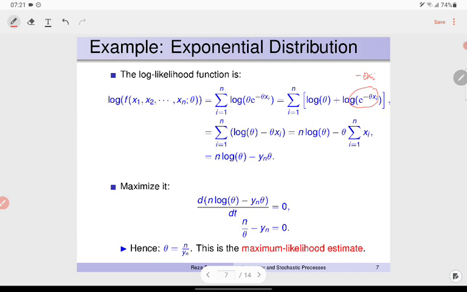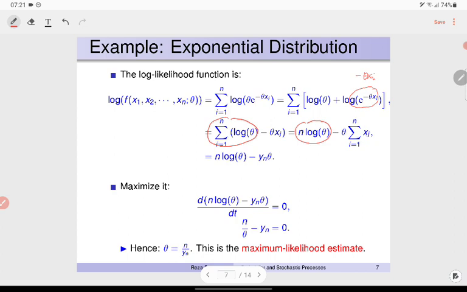So therefore, this is equal to the sum for i equal to 1 until n of the logarithm of theta minus theta xi. Now this summation here will be n logarithm of theta, while the summation here will be theta multiplied by the sum for i equal to 1 until n of xi.